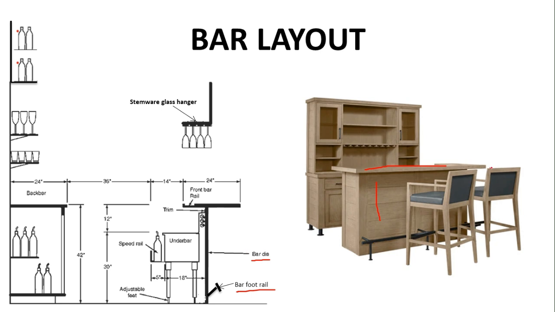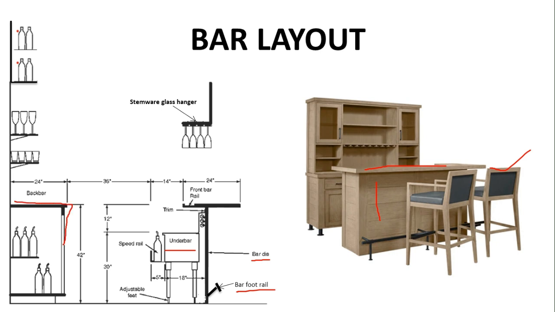While sitting on the cocktail stools. Underneath the front bar is the underbar. All the area used for preparation, keeping ice and all the bottles on the speed rail is called underbar. And at the back is the back bar.